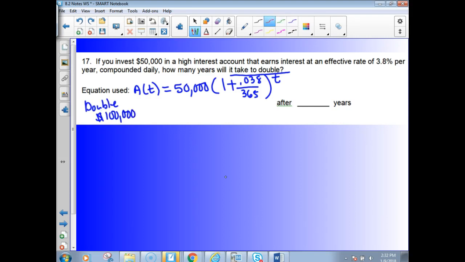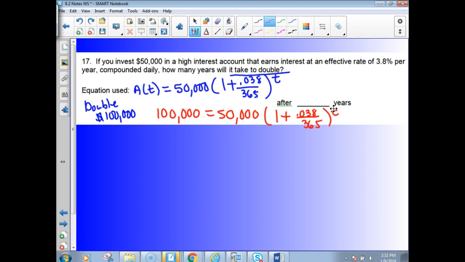Okay, where would that go into your equation? The amount you want in your account. Now, you could put that in there. But let me ask you this. Do you know how to solve for t? No. Okay, so that's our alternative.